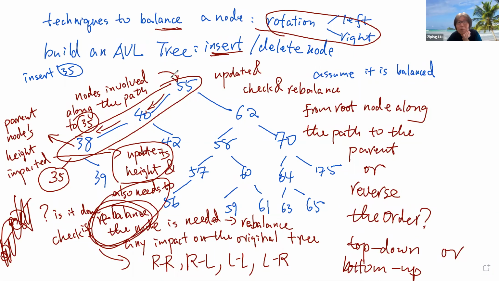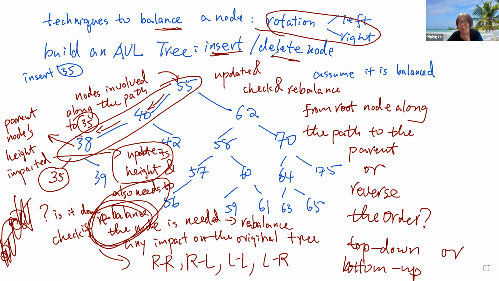And if you first balance 55, then 40, after you balance 40, then 55 may not be balanced anymore. Then you need to go back. So that's not an efficient way. So you need to go bottom up. Okay, keep this in mind.